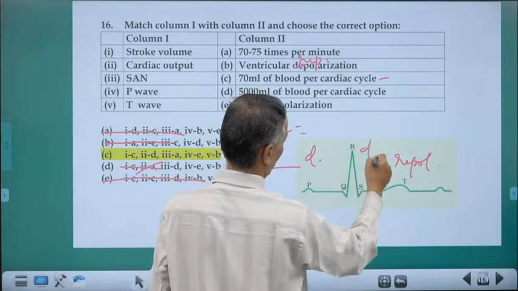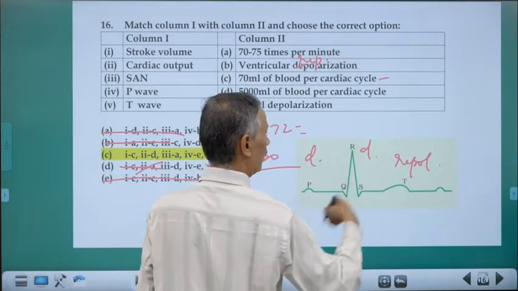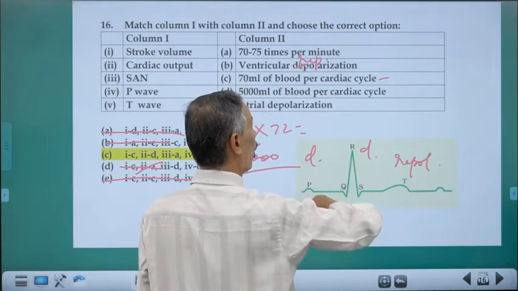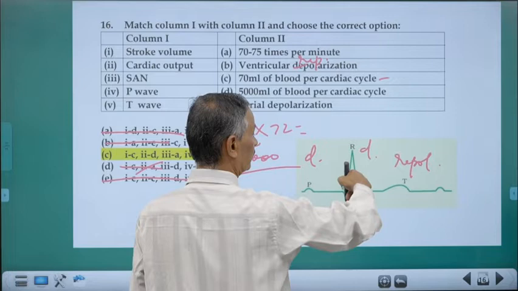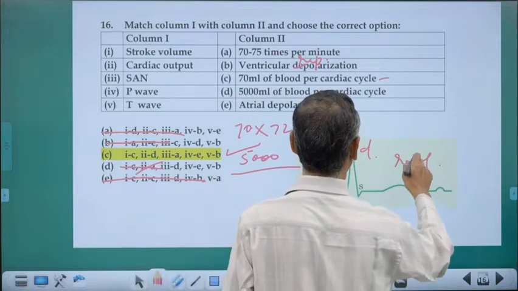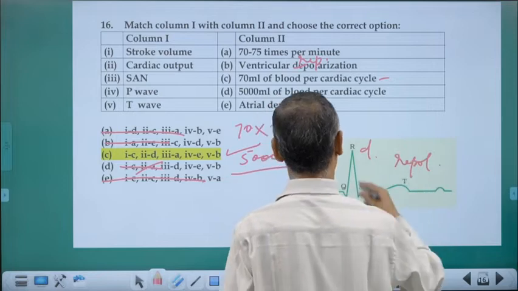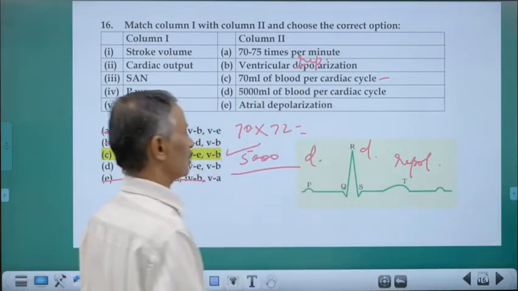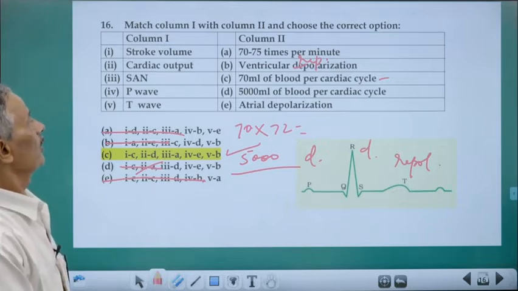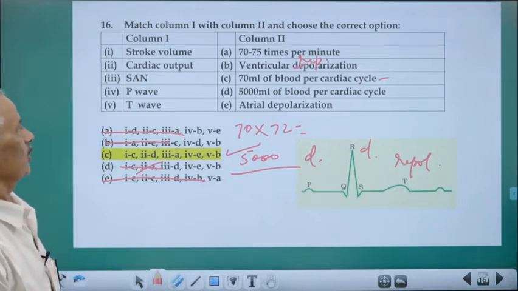This is depolarization of the ventricle, and you are having the coming back of the atria occurring simultaneously with this QRS wave, and T represents the repolarization, the coming back, that is the ventricular diastole. That should be the correct one.